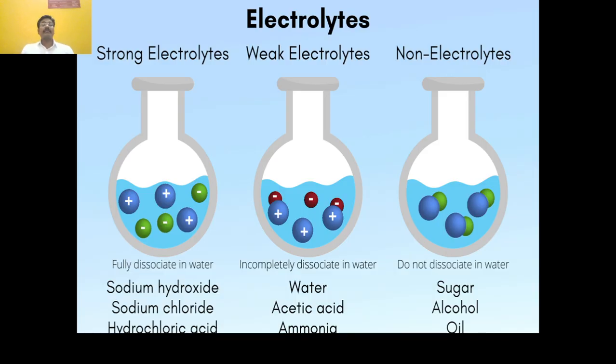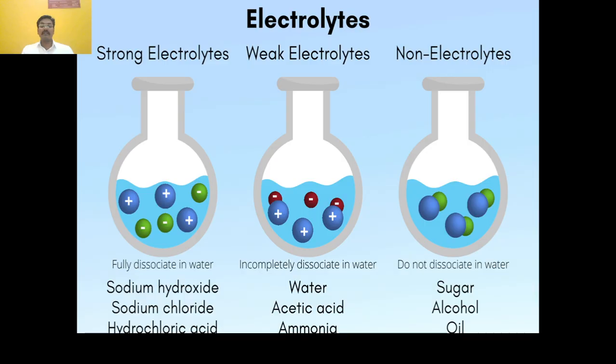Then see what is a strong electrolyte, what is a weak electrolyte, and non-electrolytes. The strong electrolytes are fully dissociated in the water, means the degree of dissociation or degree of ionization of a strong electrolyte has a high value. In case of weak electrolytes, they are incompletely dissociated in water.